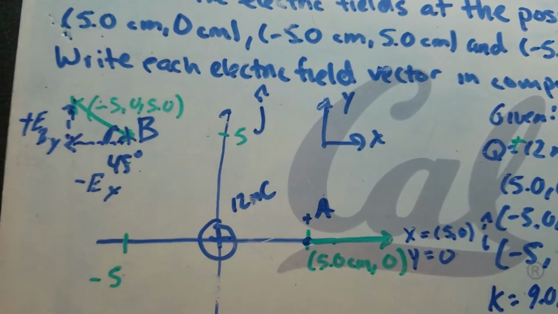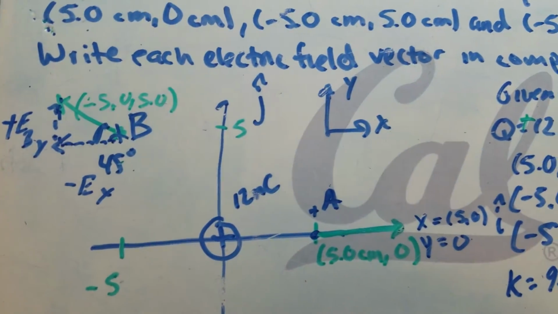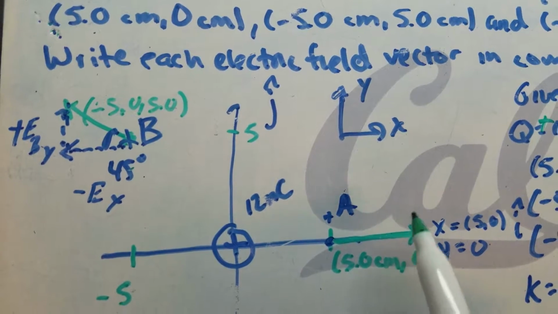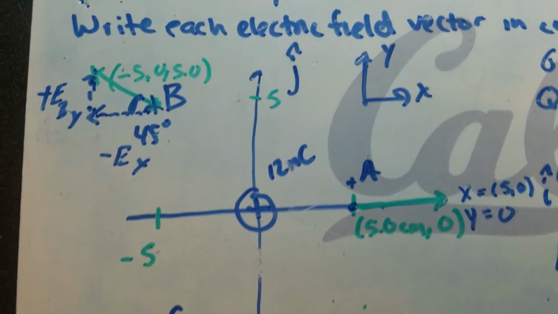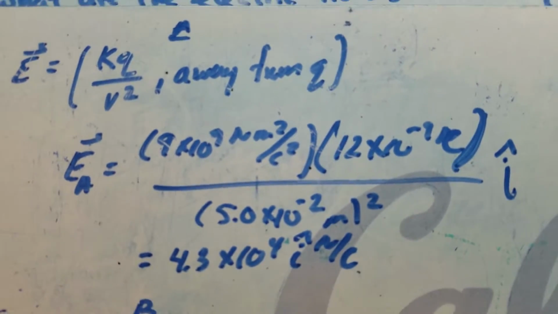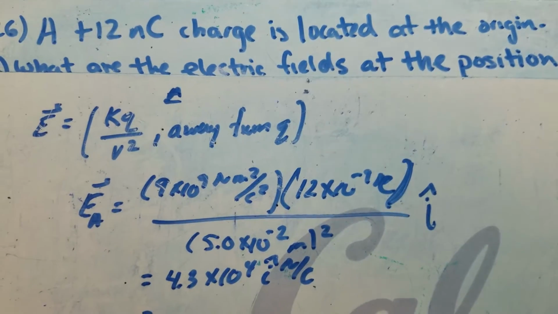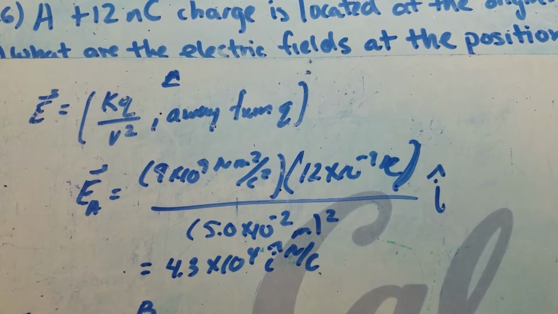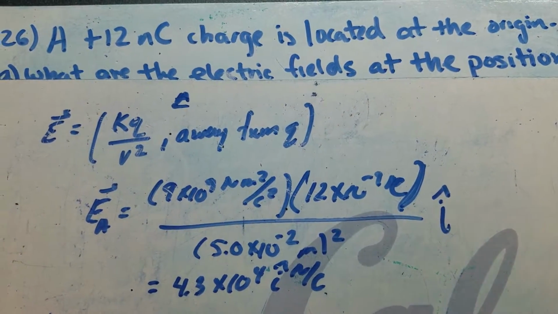Since you can look at the graph position here, we only have an X position, we don't have Y. So we're going to look for the I coordinate, not the J coordinate, which is why I indicated it here. And so we get 4.3 times 10 to the 4 I newtons over coulomb. That's just for part A.